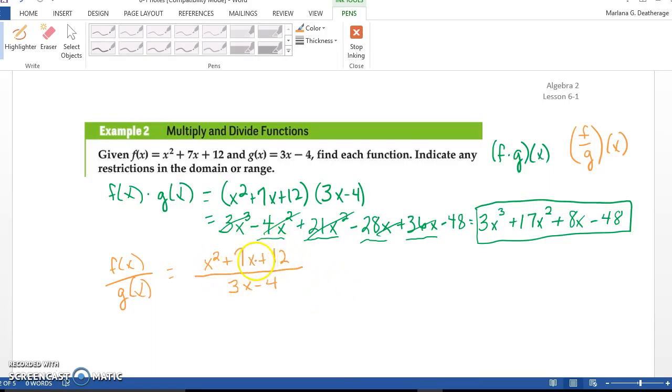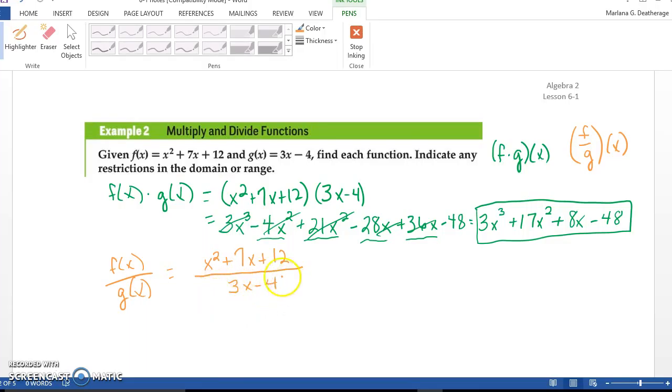Now, I believe this top one is factorable. You could factor it into x plus 4 times x plus 3, but the denominator is not factorable and it's not x plus 4 or x plus 3, so it's not going to do any good to factor the top. You can't simplify. So basically, you just leave it like that.